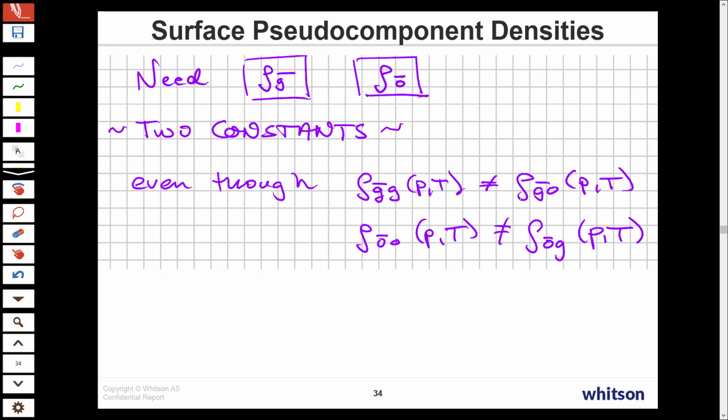And even more different will be the surface oil coming out of the oil phase. It might be a 42 API volatile oil, and the surface oil coming out of the gas phase here might be 52 API. So you can have very different surface oil densities here. But the model itself requires these to be constant.